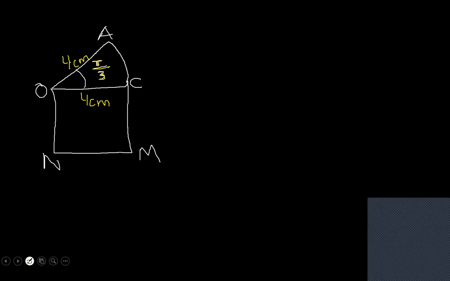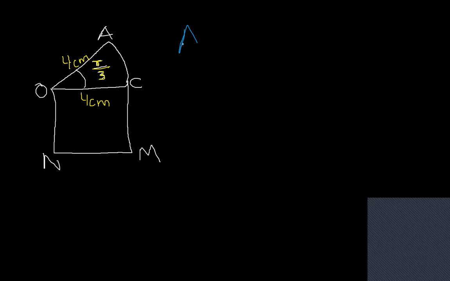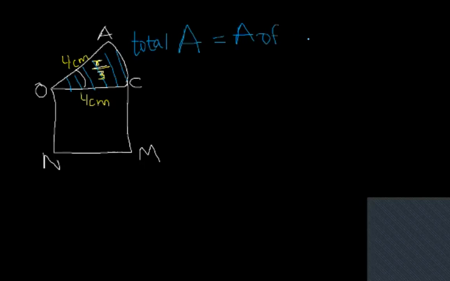Well, to find the total area of this shape, let me just put total area would be the area of the sector and the area of this square.